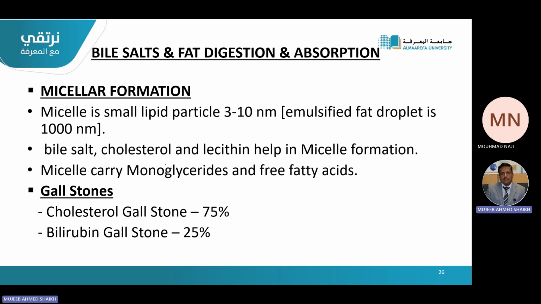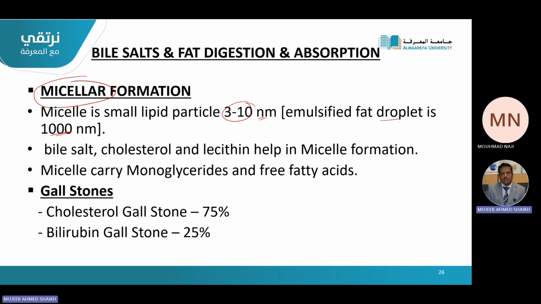So as I was telling you, the smaller particles of the fat are known as micelles. They are known as micellar formation. These micelles are about 3 to 10 nanometers in size, very small as compared to the emulsified fat droplets, which are 1000 nanometers.